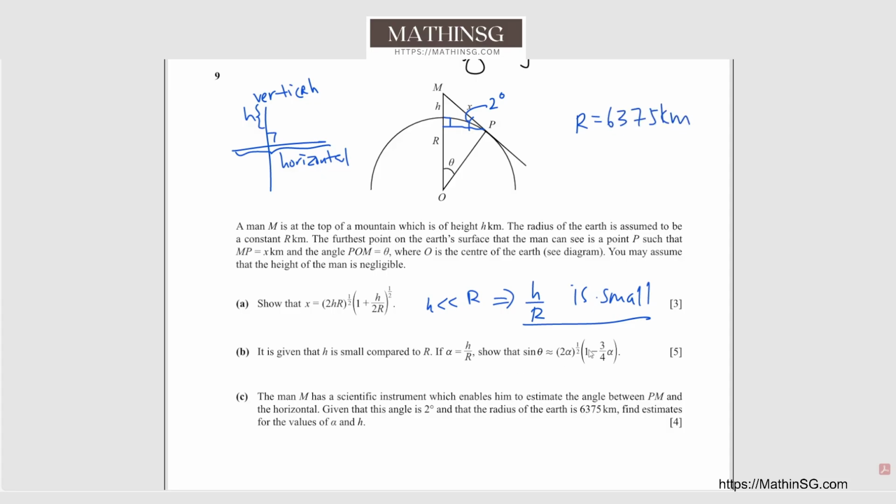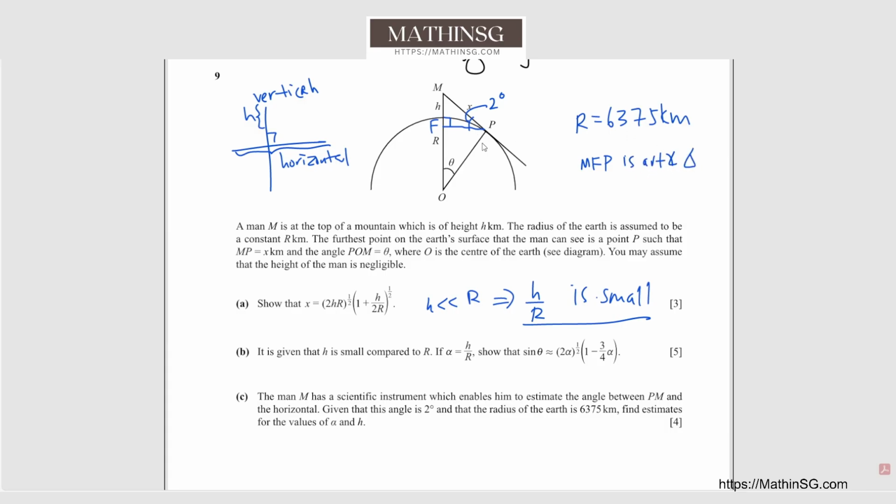So they ask me to find what is alpha and h. What I'll do here is, I know that here is 2 degrees, so this is a right-angle triangle here. If I call this F, I know that MFP is a right-angle triangle.